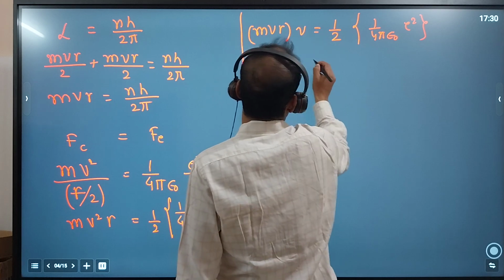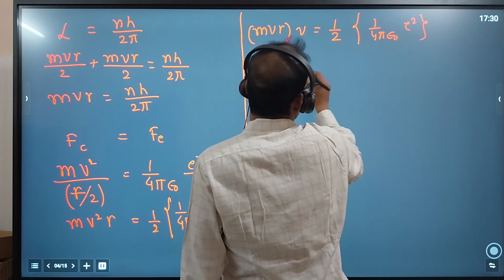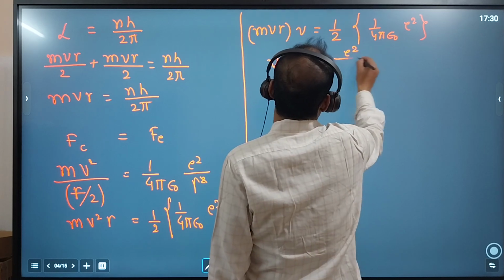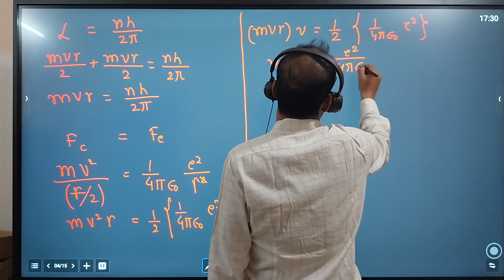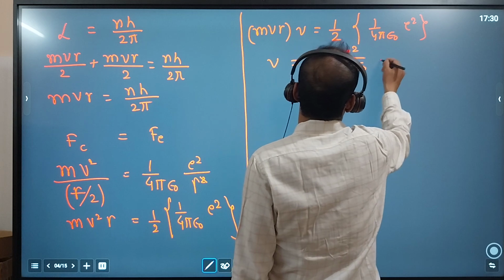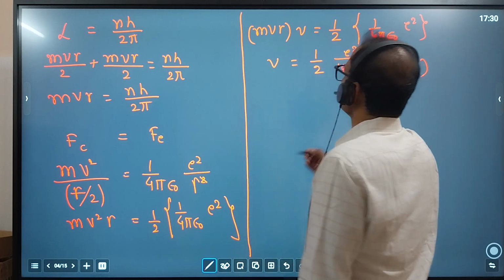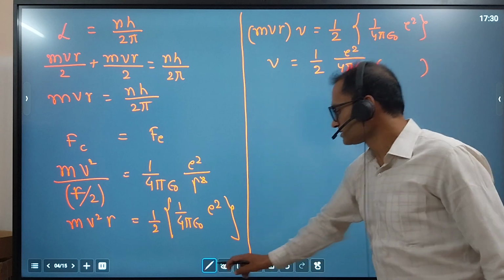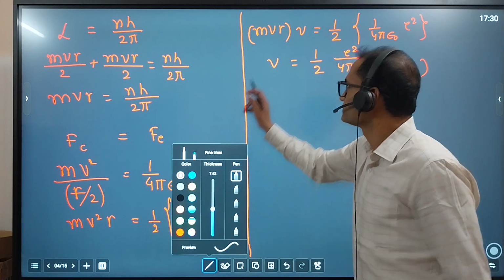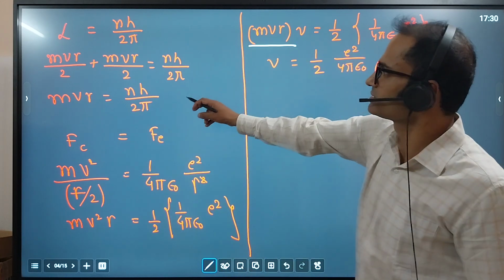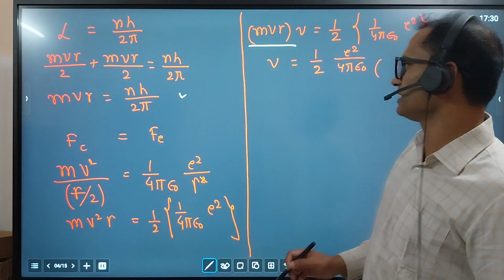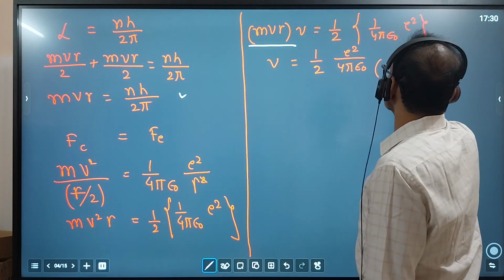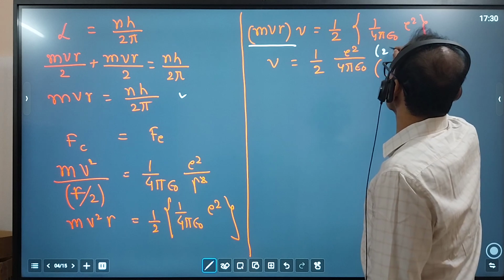So v will be 1 by 2 e square by 4 pi epsilon naught, and this mvr will come at the bottom, right? And mvr here is nh by 2 pi. So nh by 2 pi, 2 pi will go on the top.